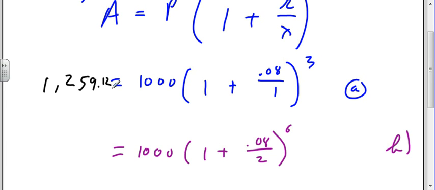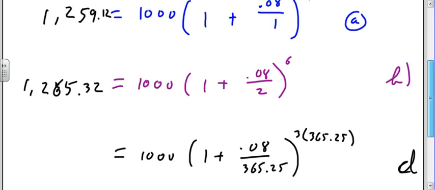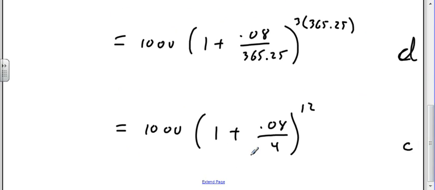Now we'll do it again. 1,000 times parentheses 1 plus 0.04 close parentheses raised to the 6th power, and I end up with $1,265.32. And then I'm going to go down to the quarterly guy.